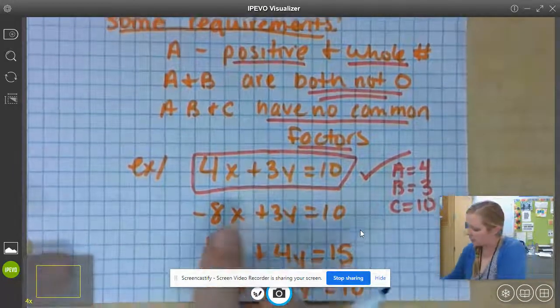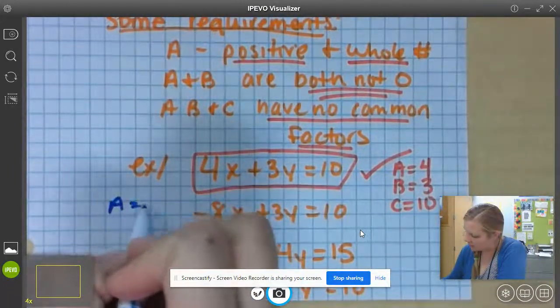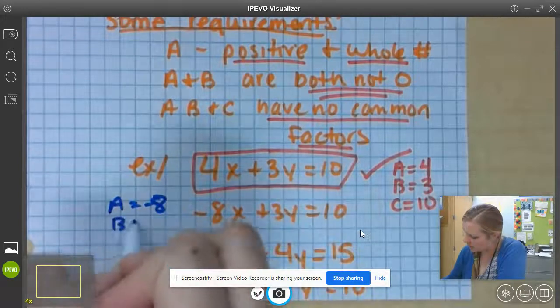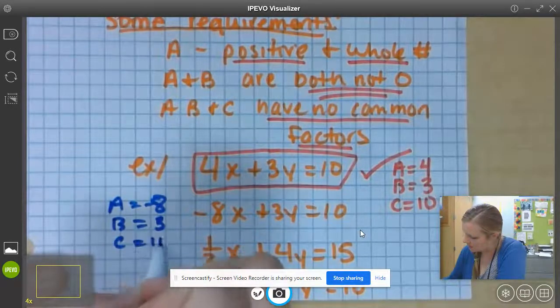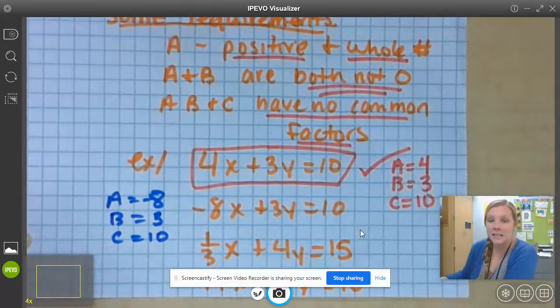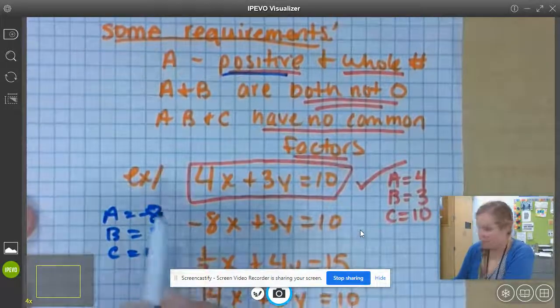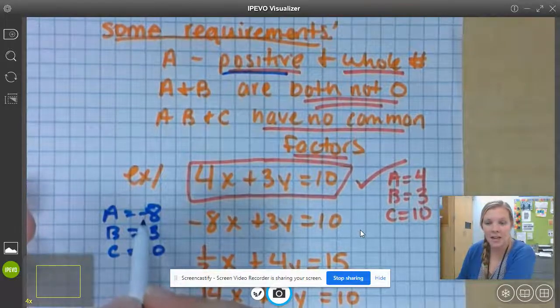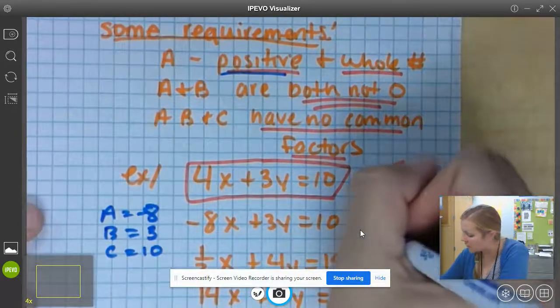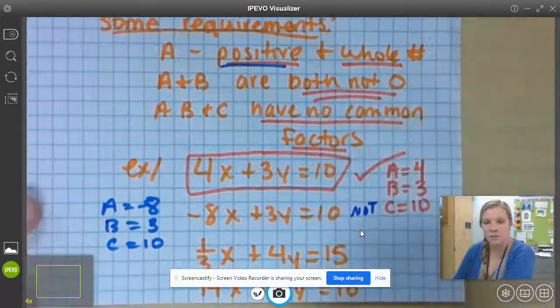If we look at the next one, A is -8, B is -3, and C is -10. I see a problem, and that is A is not positive. A in this case is -8, and that is not okay. So this is not in standard form.